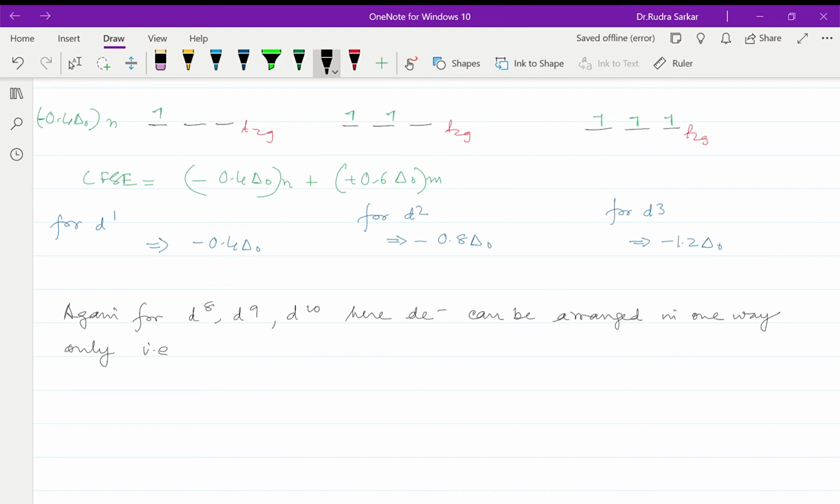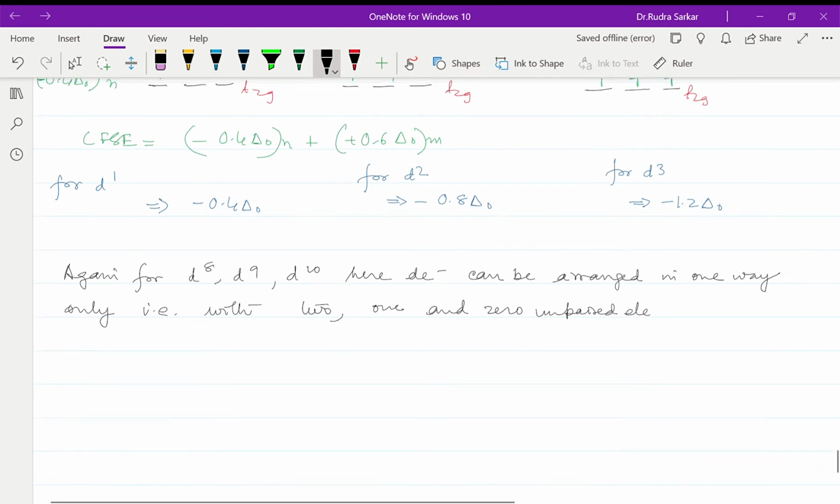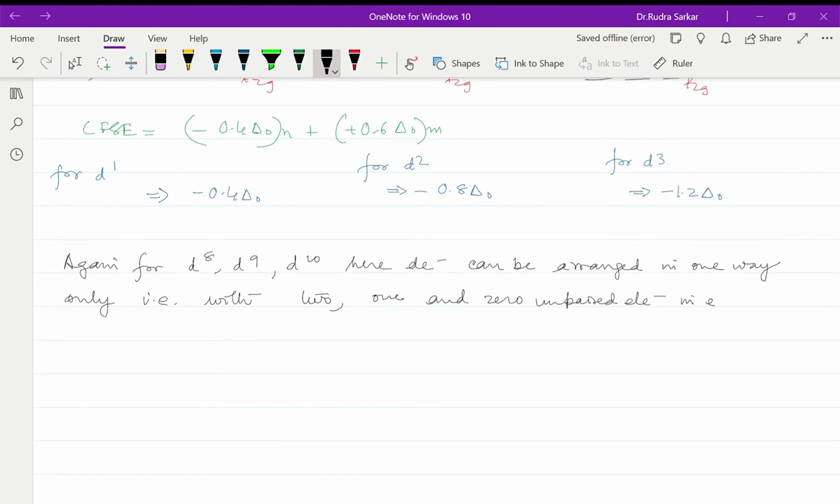That is with two, one and zero unpaired electrons in EG set.